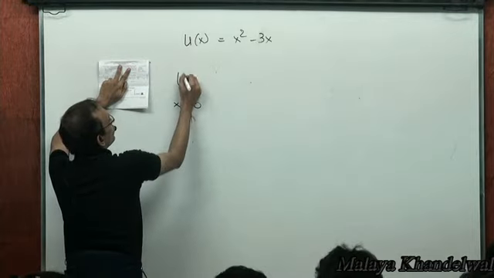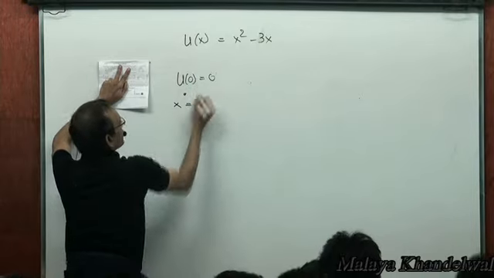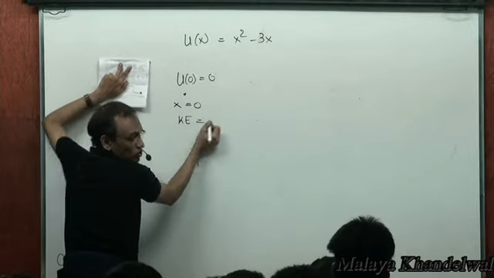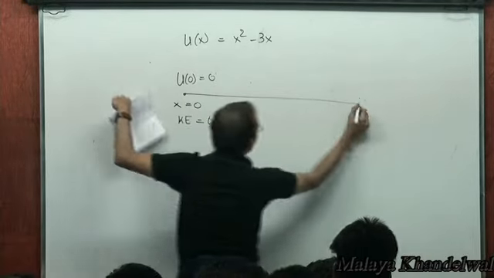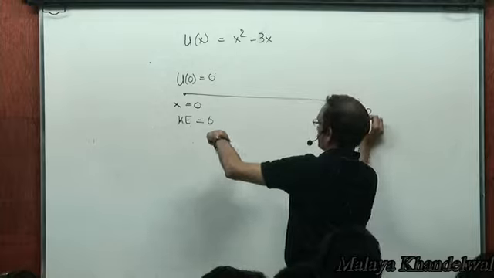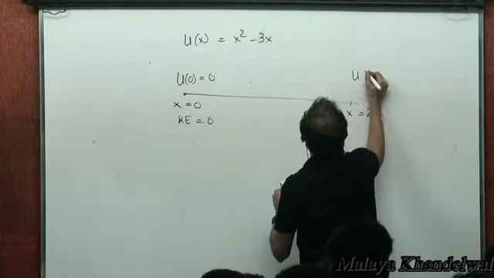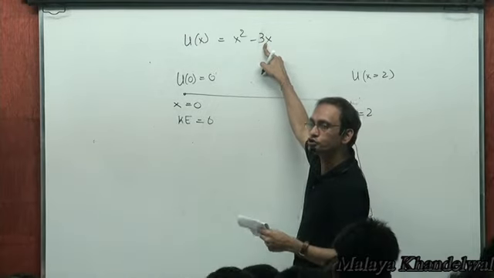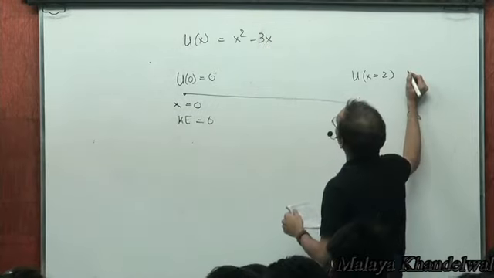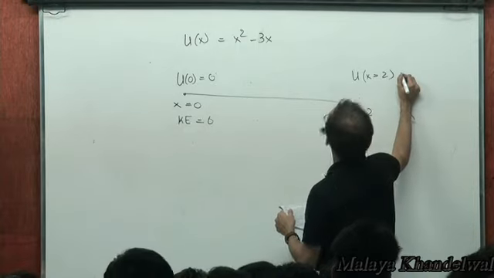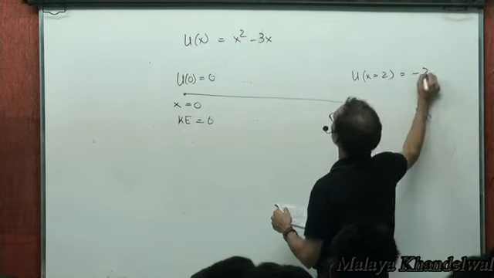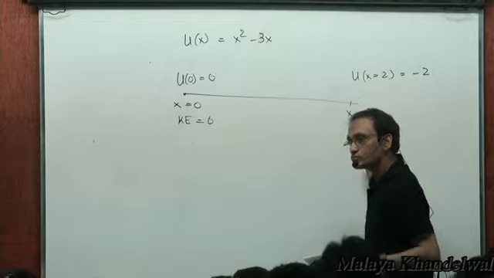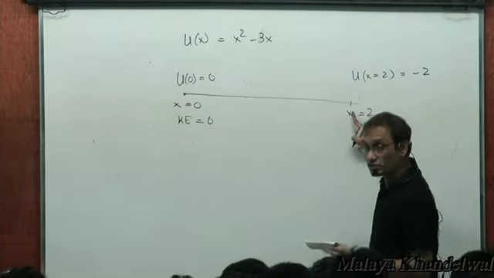At x equal to 0, U is 0, and it is released from rest, so kinetic energy is also 0. When the particle reaches x equal to 2, I can find potential energy at x equal to 2. 4 minus 6, minus 2 joules is the potential energy at x equal to 2.